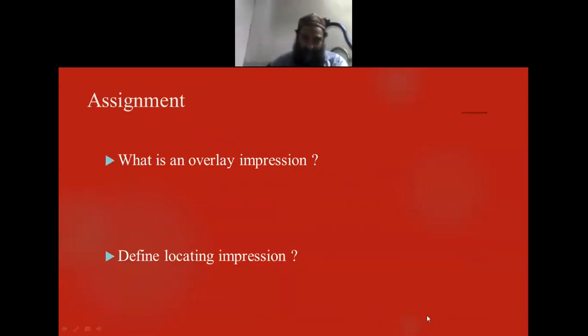Now, this is another assignment. What is an overlay impression? And also define locating impression. So, this is your assignment.